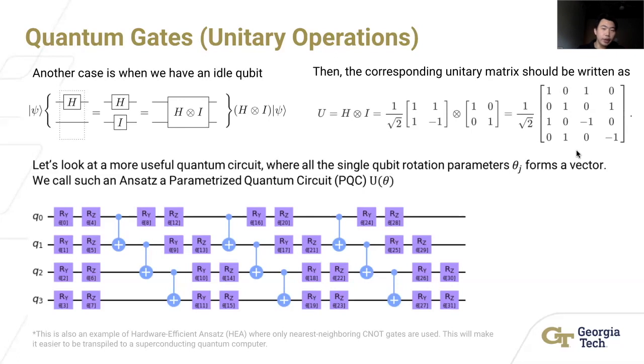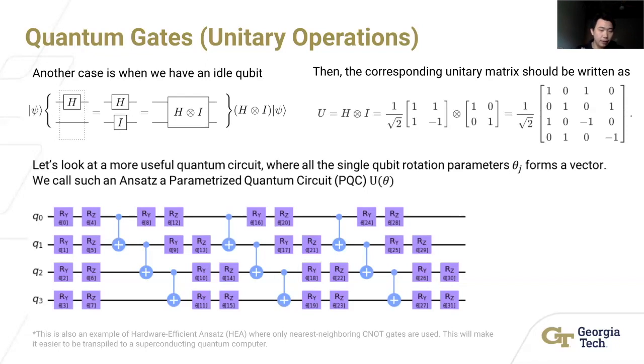And after introducing those building blocks, I would like to take a look at a more useful quantum circuit. This is known as the hardware efficient ansatz, and we will see more about this. It's called hardware efficient because it has only adjacent CNOT gates applied on it.